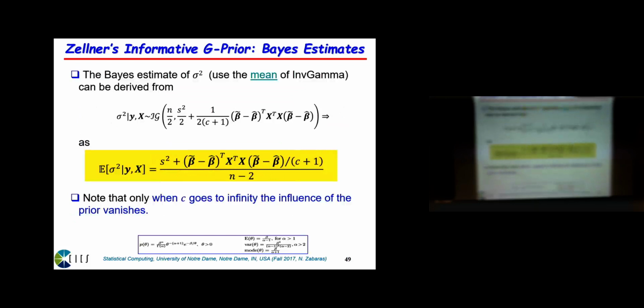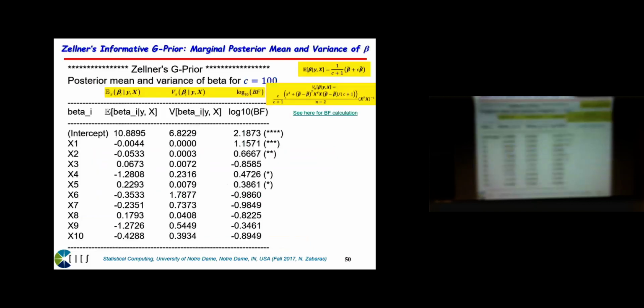This is the posterior of sigma squared, the posterior expectation of sigma squared. The tables you are going to get use these formulas, which are already programmed for you. You can see for the different betas the posterior mean values, the variance, and the Bayes factors. I will do the calculation of the Bayes factors today so you see where the formulas come from.